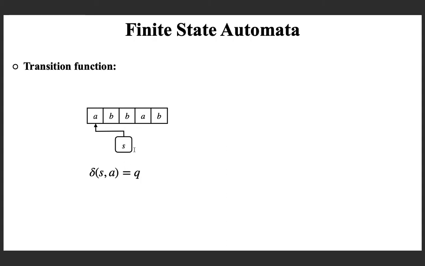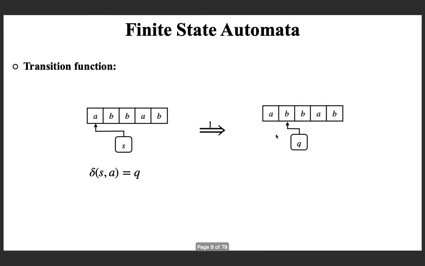So if you apply this transition on this configuration of the finite state automaton, then you will get this configuration. That is, the state is changed from S to Q as it is defined by the transition relation, and the input is read and read head is positioned to the next symbol in the right.